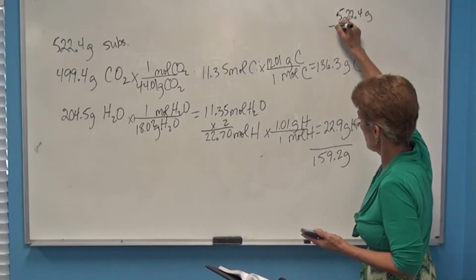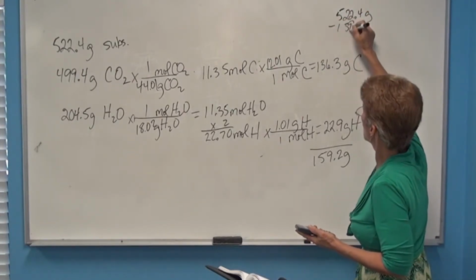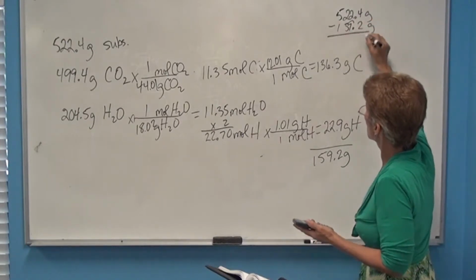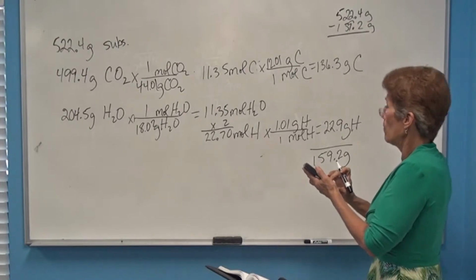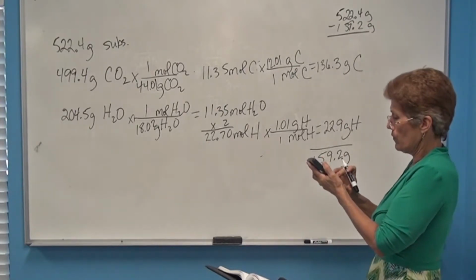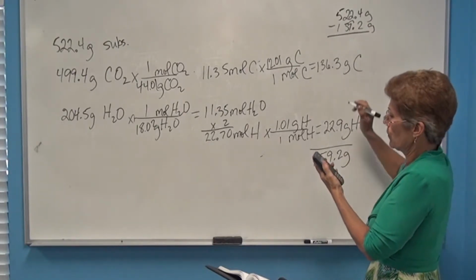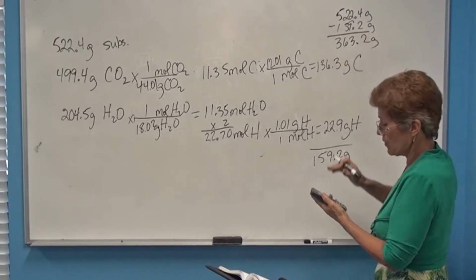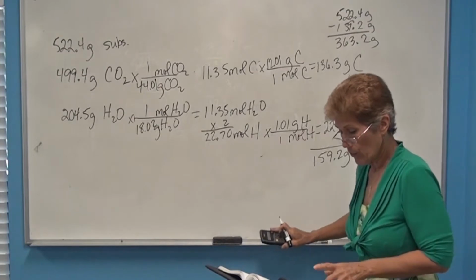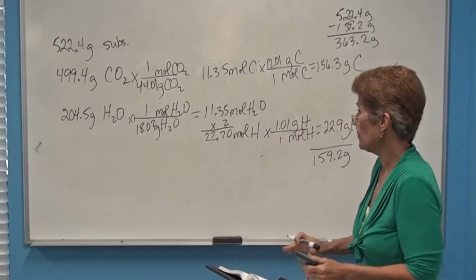522.4 grams minus 159.2 grams equals 363.2 grams of oxygen.